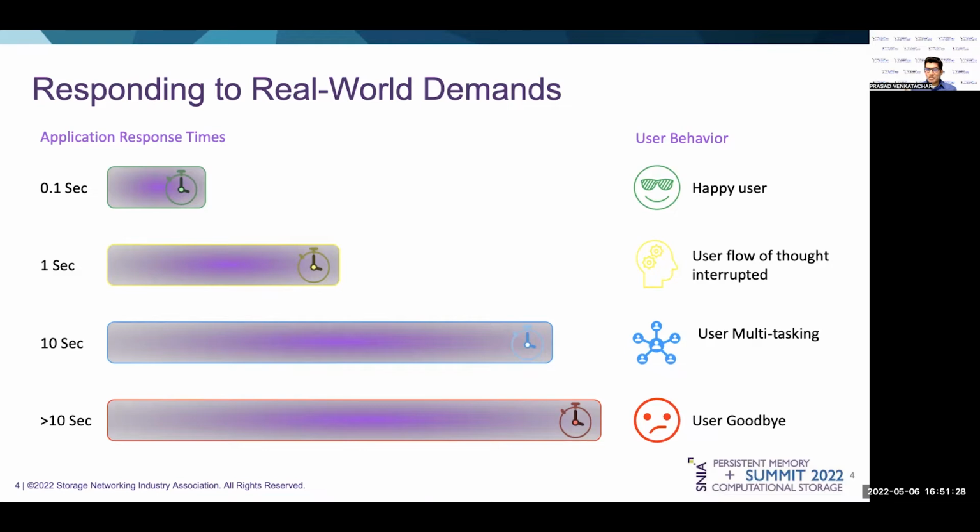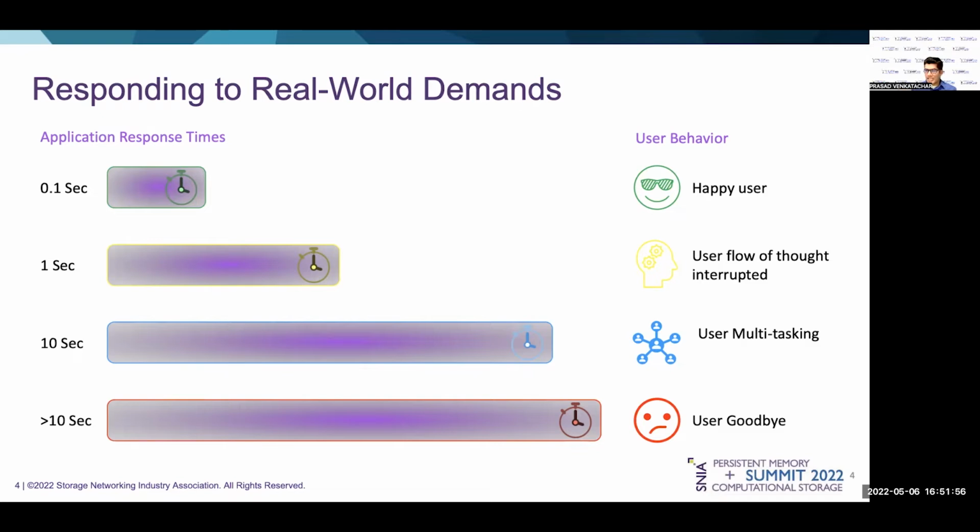Here, the user thinks the app is literally working to fetch the data, but their flow of thought, how they want to use the app, gets interrupted. If the response time increases from 1 second to 10 seconds, the user starts multitasking. They feel the app is not responsive enough and think, let me use that time to do other important things.